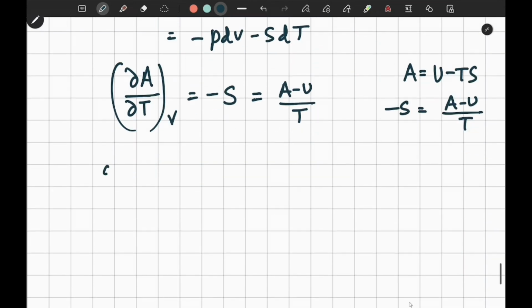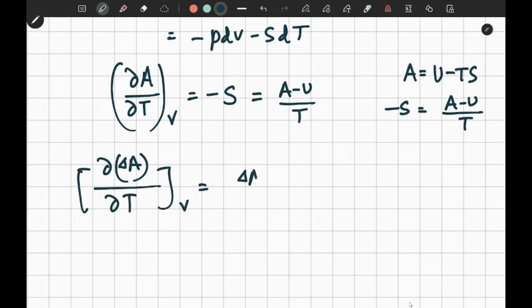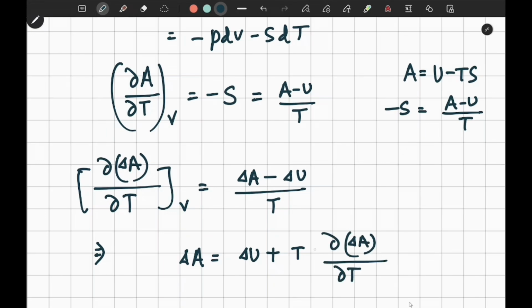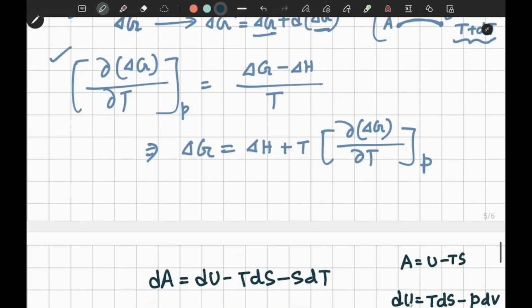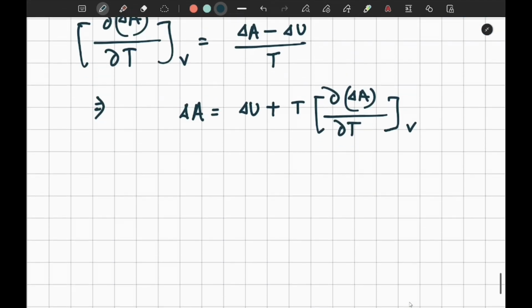Therefore, del of (A by T) at constant V will eventually be minus U by T squared. So this is the same form you see for G and H. If you write it up and down, it was just delta H.